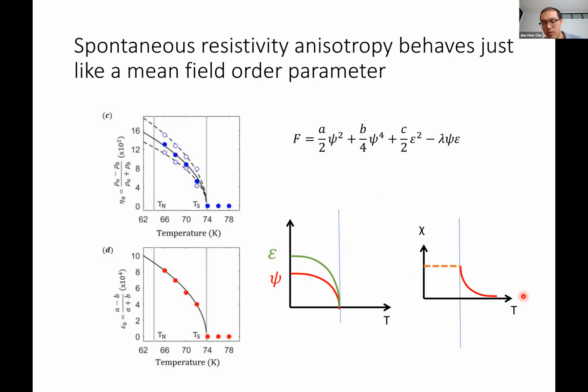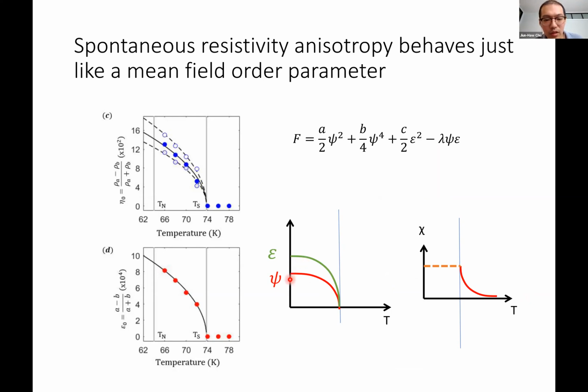So remember that I mentioned previously that the bare nematic susceptibility will not diverge, but will reach a finite value at the phase transition temperature. It turns out that that number is exactly the same as the ratio of the primary order parameter, the nematic order parameter, to the structural distortion.